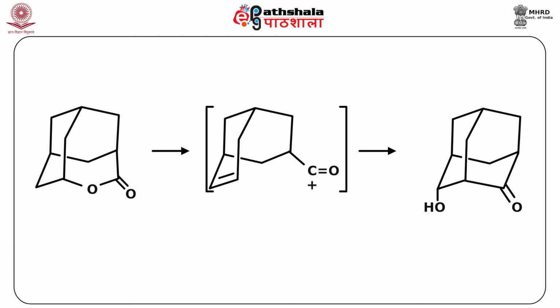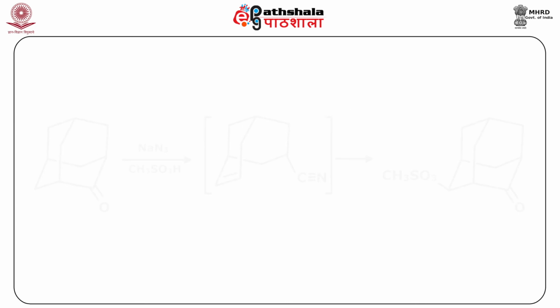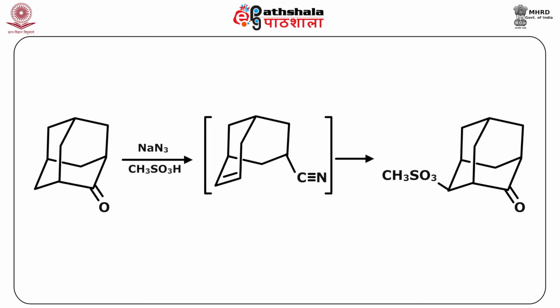Thus, as shown here, the lactone can rearrange in 50% sulfuric acid to give 4-hydroxy-2-adamantanone via the acylium ion. Similarly, the Schmidt reaction of adamantanone results in an overall formation of 4-methylsulfonyl-2-adamantanone, presumably via the unsaturated nitrile.